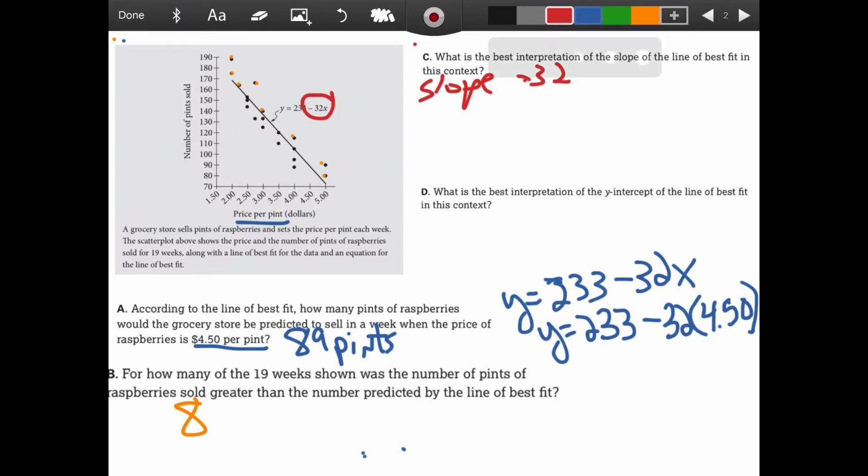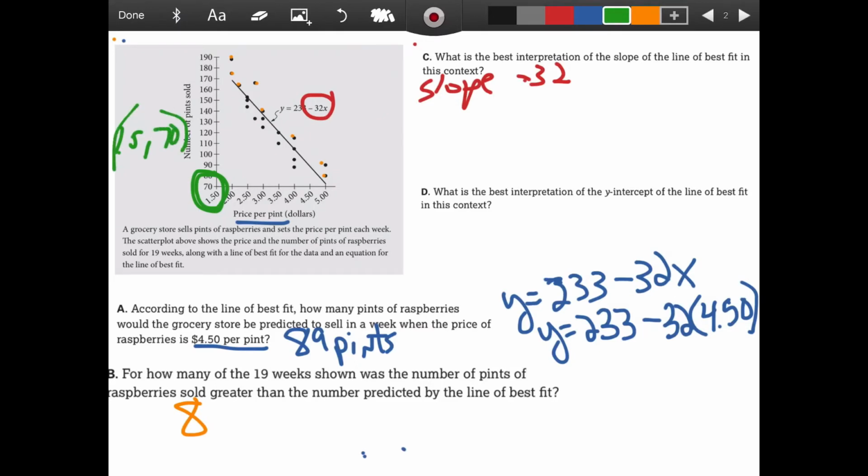And then lastly, what is the best interpretation of the y-intercept of the line of best fit in this context? Now, one thing to really look for, the College Board, they do try to trick you. The bottom left-hand corner of this graph is not 0, 0. It's 1.5, 70.